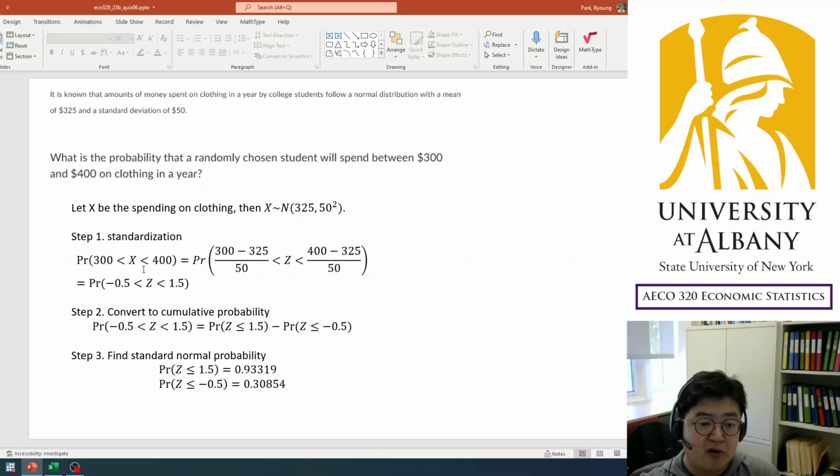So remember, there are three terms, two inequalities and three terms. To keep those inequalities unchanged, you need to standardize all three terms, right? So x becomes z, and 300 is standardized to become minus 0.5. So subtract mean and divide by standard deviation. And 400 becomes 1.5.